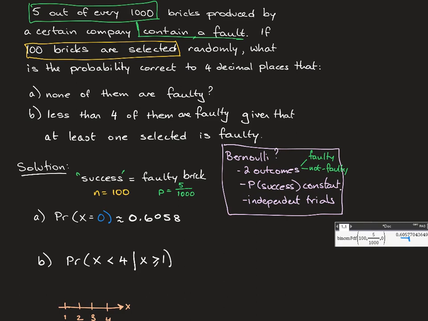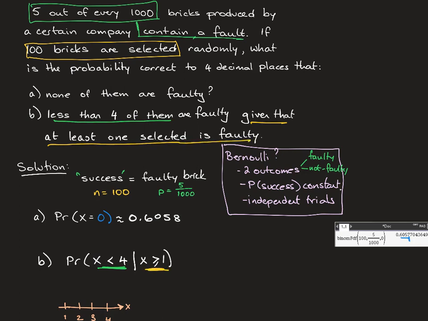So the second part says the probability that less than 4 of them are faulty, given that at least one selected is faulty.